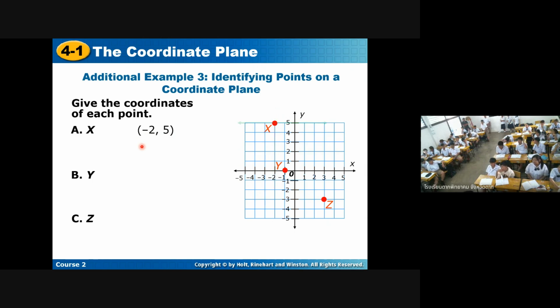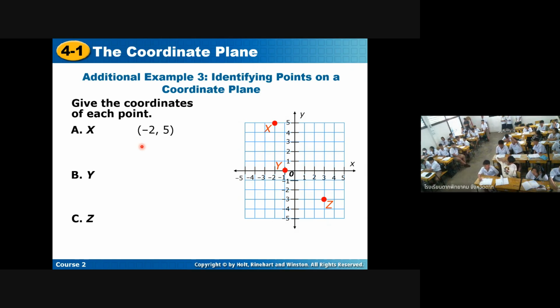Now tell me about point y. What are the coordinates of point y? We're dealing with this point. Point y.